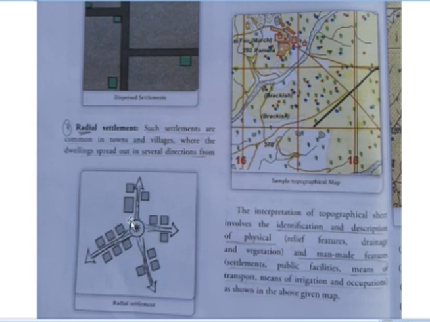Suppose maybe here it is a water body, and here the other streams of water are going in different directions. So people are settling first over here, and also on the side of these streets there are houses built. So it is known as a radial settlement.